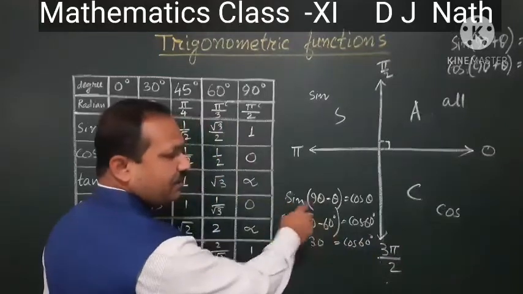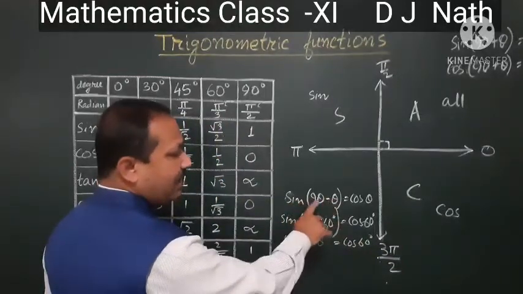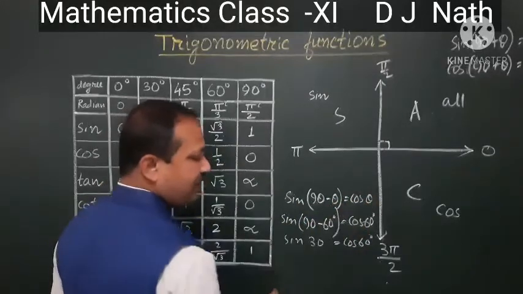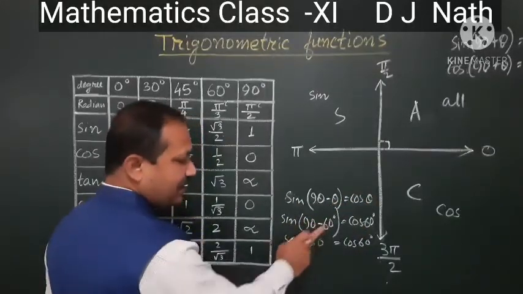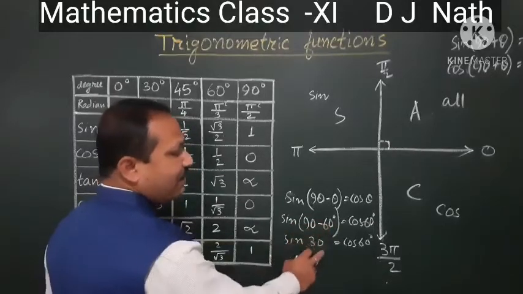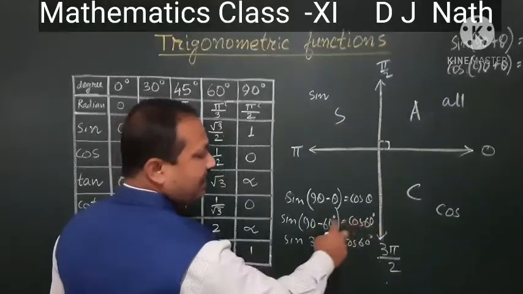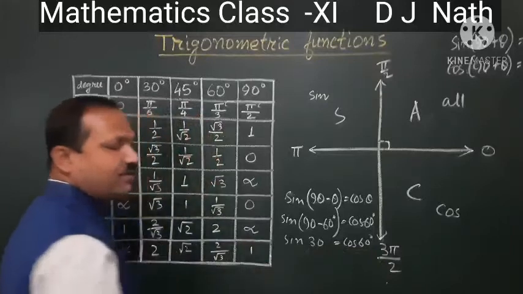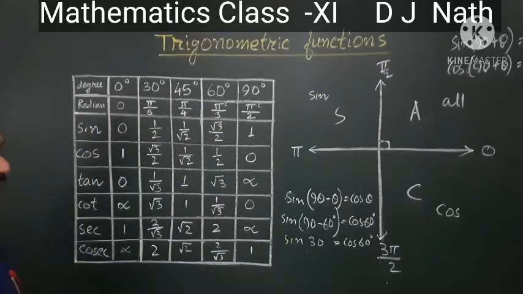So what is the thing? Sin 90 minus theta will be equal to cos of theta only. That same theta. So 90 minus 60 if I write means 30 only. We are writing 90 minus 60, then it becomes cos of 60. So sin 30 and cos 60 are equal values. So it is the complementary idea.